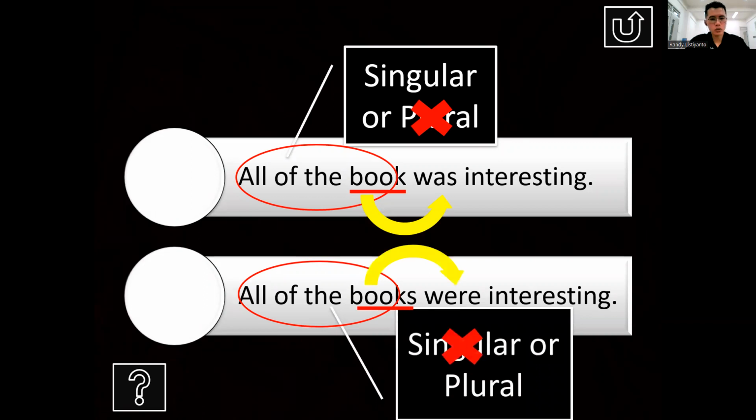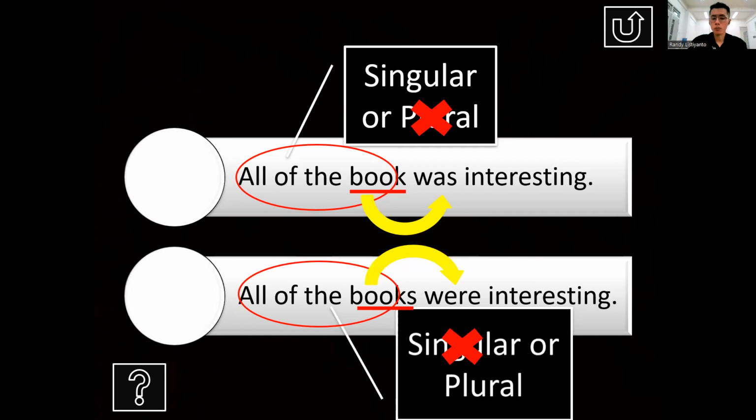So there might be a question: what does it mean by all of the book here? You all know that a book consists of some papers and the cover. When I say all of the book, it counts the papers, the cover, and maybe the joint that joins the papers.